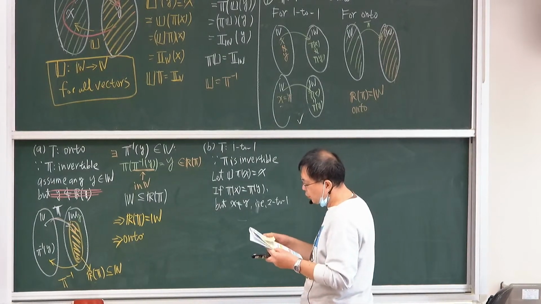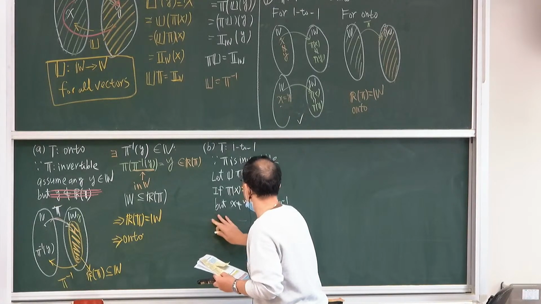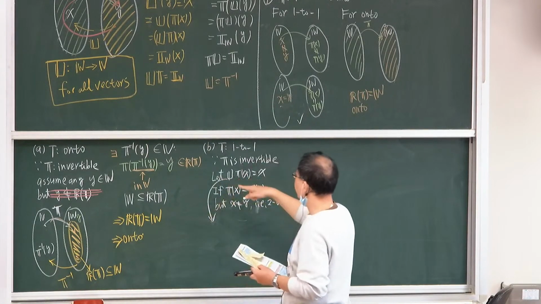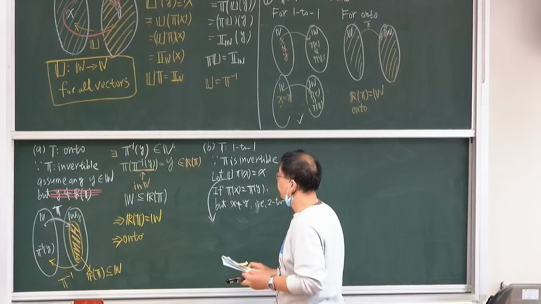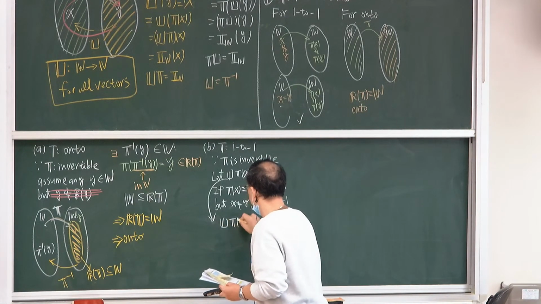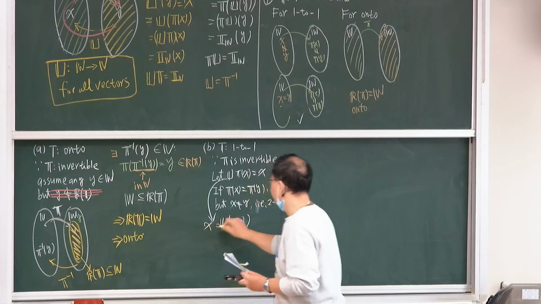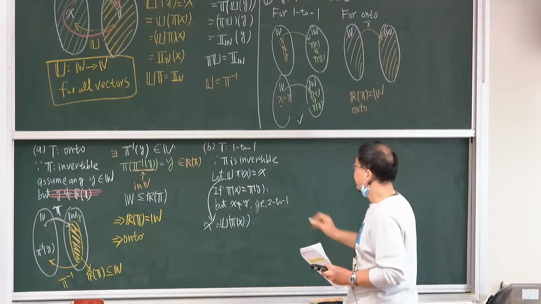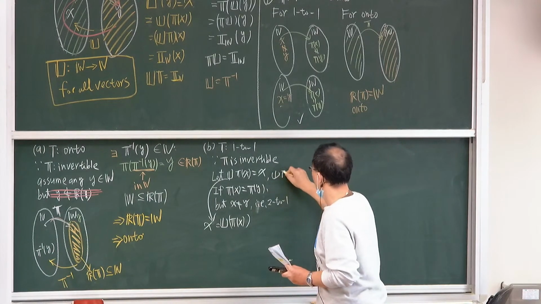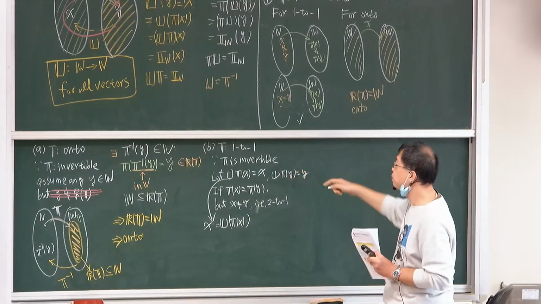So if we assume it's not 1 to 1, then because we use the inverse transform of T, UT sub X equals X, and UT sub Y equals Y, because T is invertible.